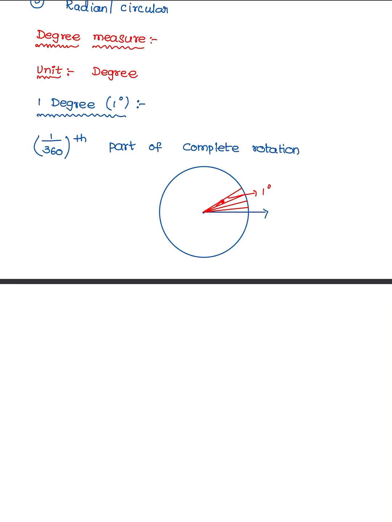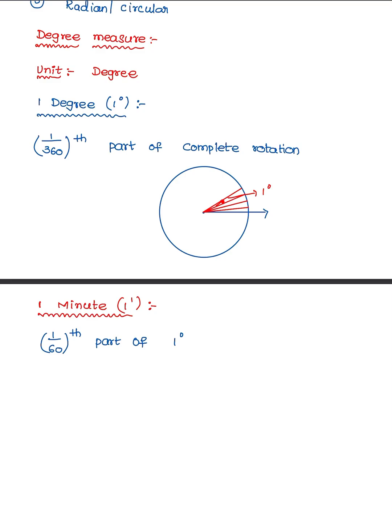That 1 degree is again divided into minutes. So here 1 minute is what? 1 minute we denote like this. 1 minute is 1 by 60th part of 1 degree.